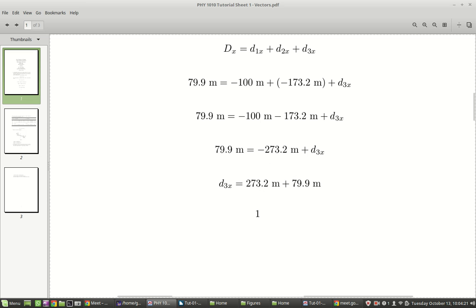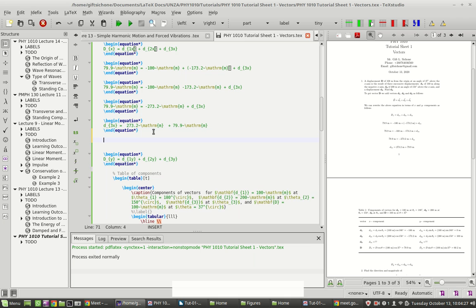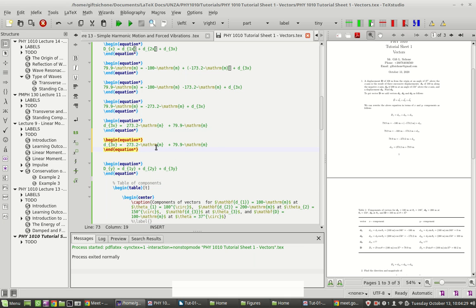So how much is that? 353.1. So d3x is 353.1 meters.